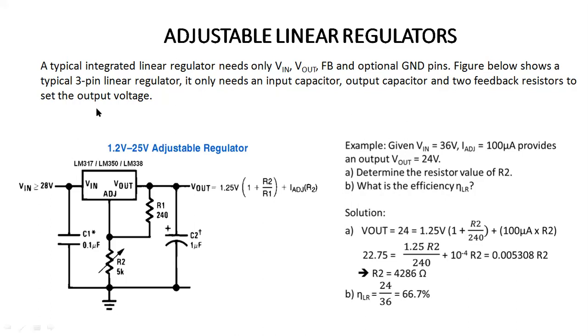So we can see it is a 3-terminal linear regulator. It only needs an input capacitor, an output capacitor and 2 feedback resistors to set the output voltage. You can see here the circuit diagram for the LM317, LM318, LM338, LM350. These we call variable voltage regulators, and they require input and output capacitors, and also two feedback resistors to set the output voltage.